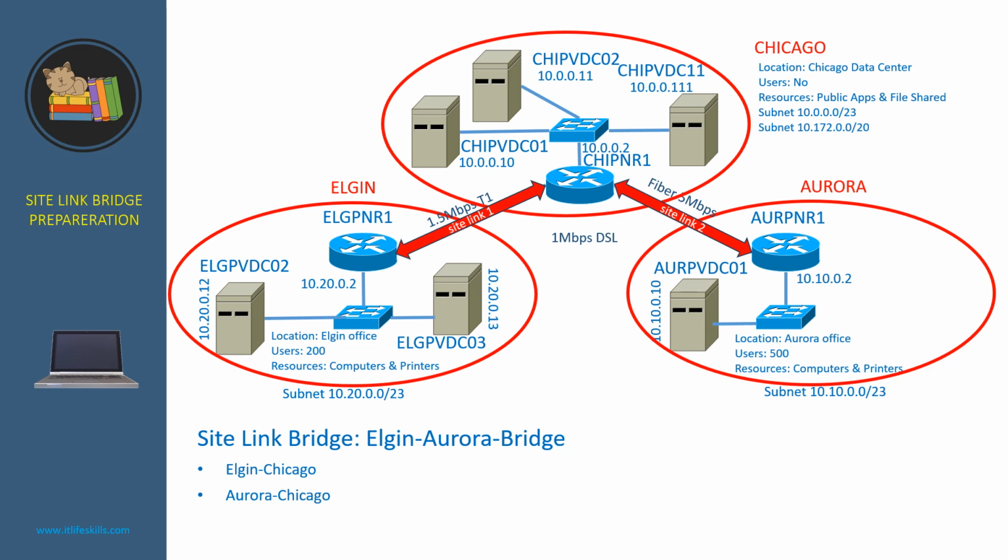In this case, there is connectivity between Elgin and Aurora via Chicago, so we will configure a site bridge to bridge site link 1 and site link 2 together, which will allow the replication to happen between Elgin and Aurora domain controllers, and we will name the bridge Elgin-Aurora-Bridge, and we will include in the bridge the site links Elgin-Chicago and Aurora-Chicago.